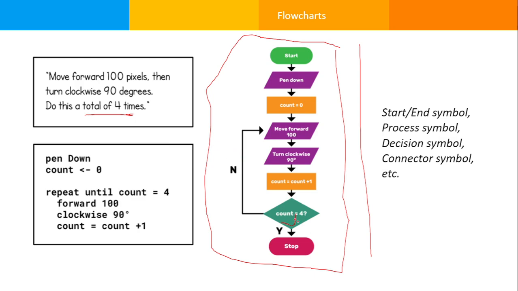But if it checks and it is false, it is no, it means it is going to take this part again, and then come back and repeat these 2 steps until it gets to 4. Then when we check and the count is up to 4, we can move and then stop the program.